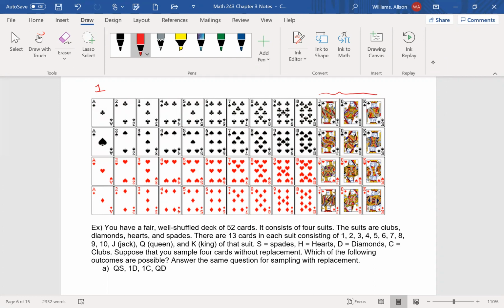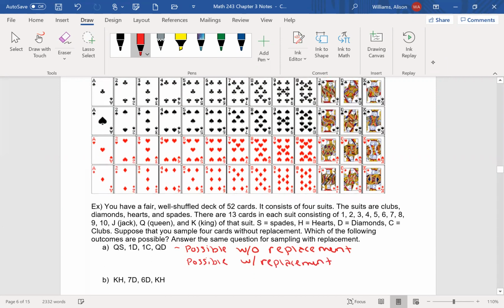This is totally possible without replacement, and I'm going to use the shorthand notation for without. And of course, it'd be possible with replacement as well. If you're putting the cards back in, that's totally possible. It makes sense. There's nothing weird about that scenario.